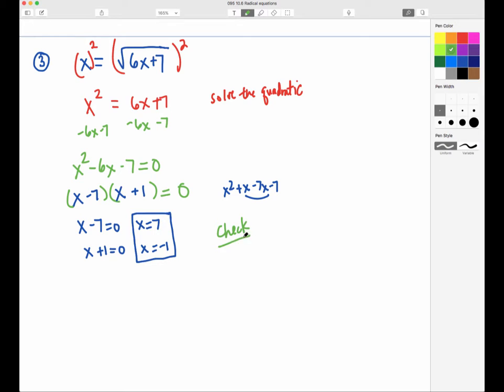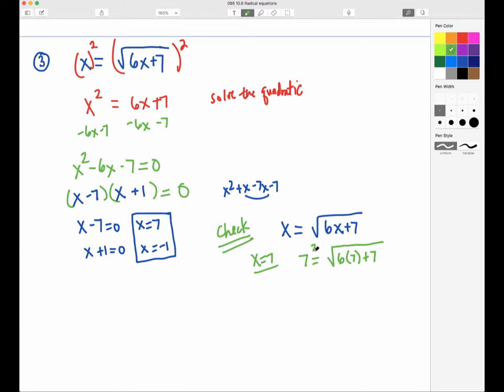So it's really important working with radical equations to always check your answers. My original equation was x equals the square root of 6x plus 7. So I'll check the first answer of x equals 7. So that would be 7 equals the square root of 6 times 7 plus 7.